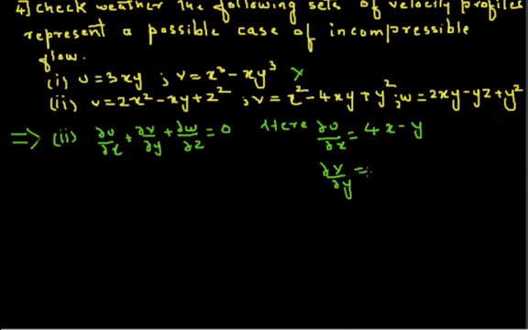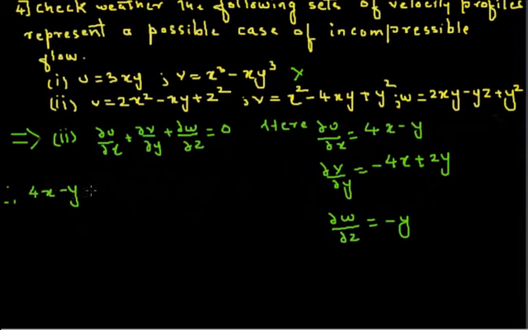Differentiating v with respect to y, we get minus 4x plus 2y, and then del w by del z is minus y.